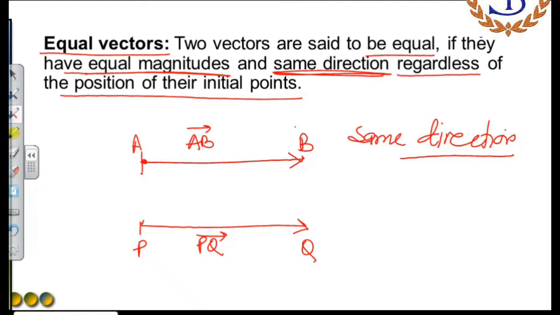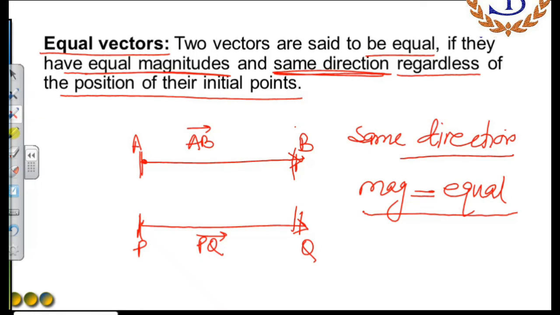Now see, AB is having the same magnitude as this PQ. The lengths are the same. So they have equal magnitude. Now for these two vectors, we are having the same direction, we are having the same magnitude, but their initial points are at different places. Here initial point is at A and here initial point is at P. But still they are known as equal vectors.